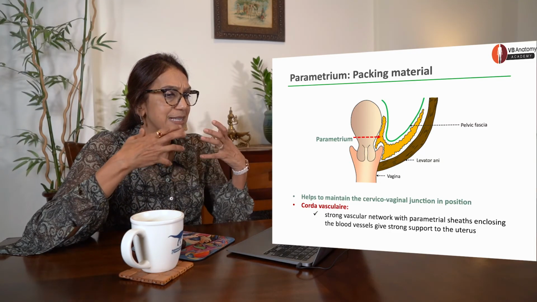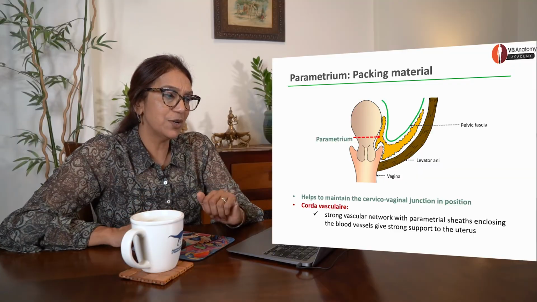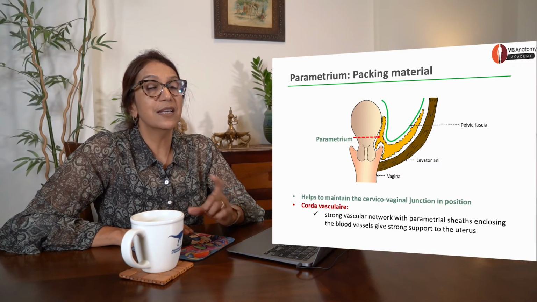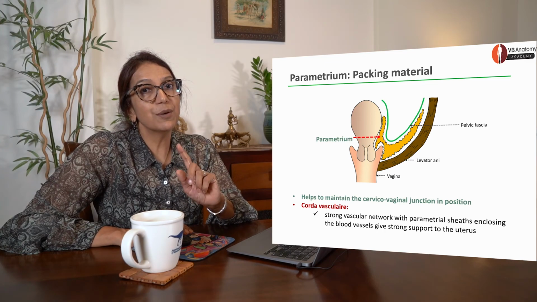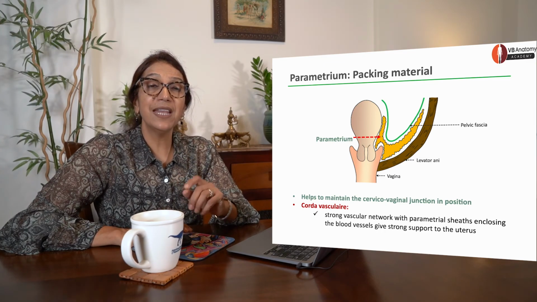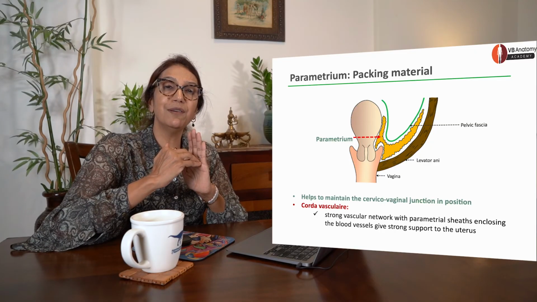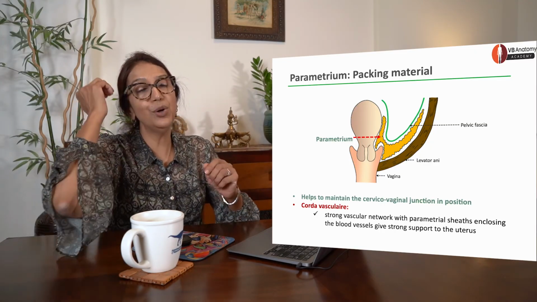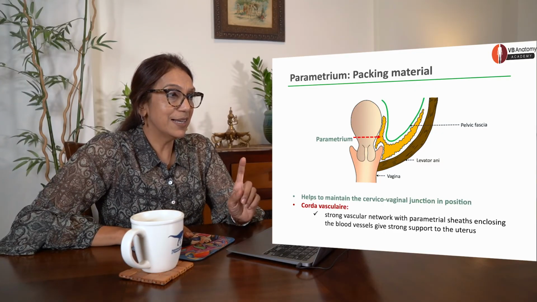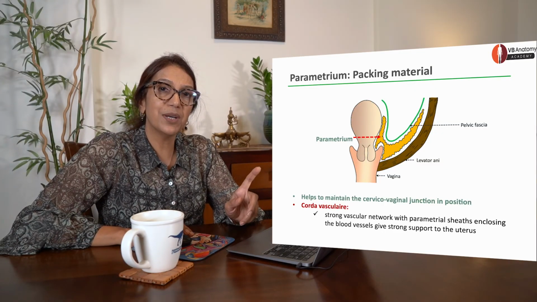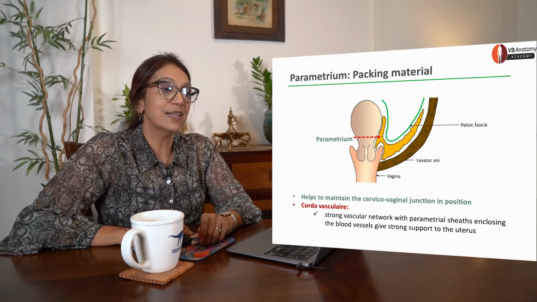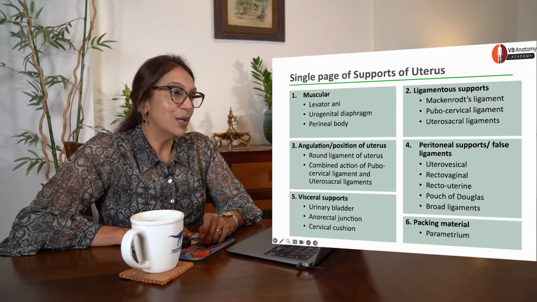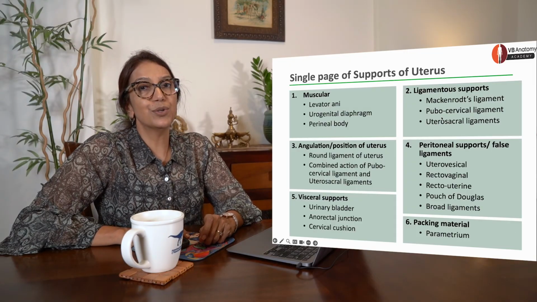The blood vessels itself in the parametrial sheaths begin to support the uterus by their presence. You can compare this to the supports of liver, where the hepatic veins attached to the inferior vena cava actually support the liver, which is hanging high in your abdominal cavity. Similarly, the uterus also is supported by the blood vessels that supply it, which is called chorda vasculaire. So all these are supports of uterus.